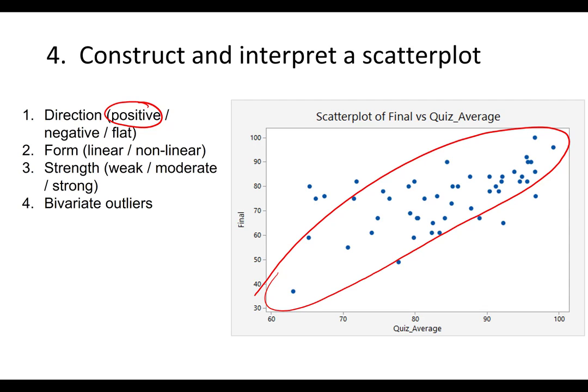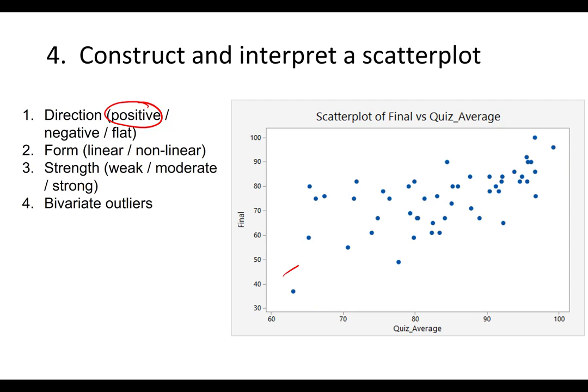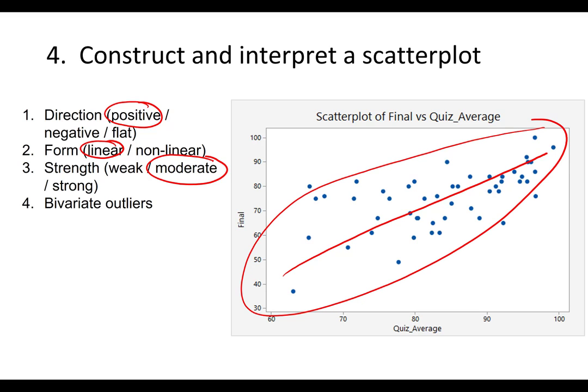The form is linear because if I were to draw a line of best fit, that would be a straight line. I would describe the strength as moderately strong and positive. The points are not too close to this line of best fit, but they're also not too far apart. And there are no bivariate outliers. All of the points are following the same general upward pattern.